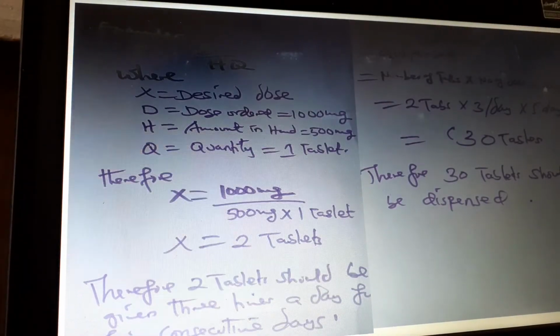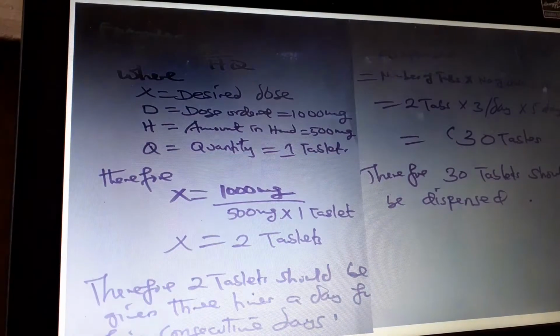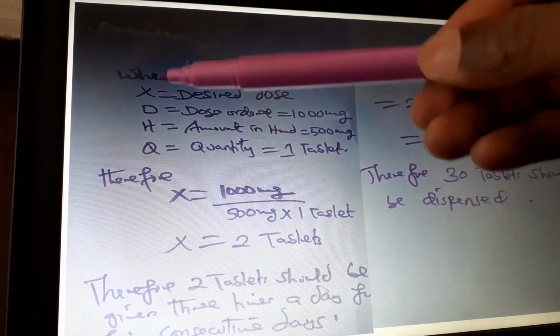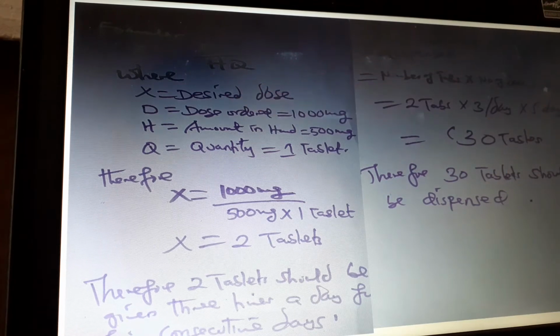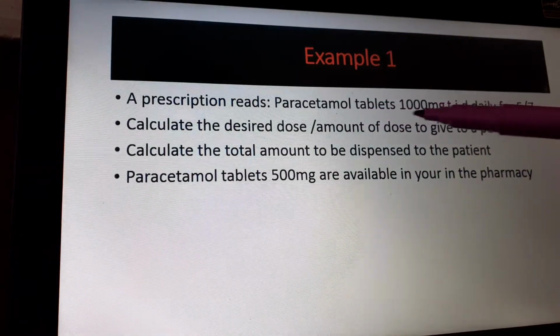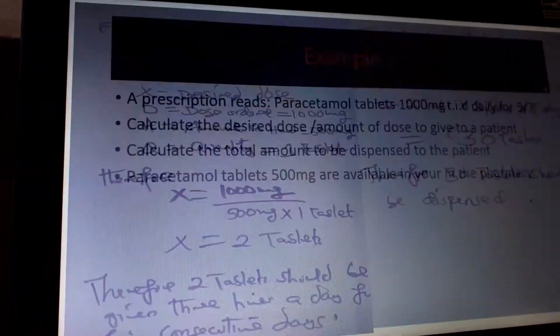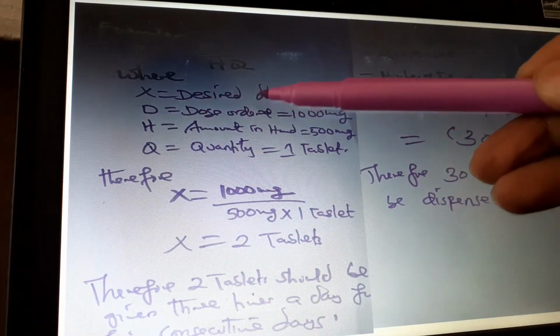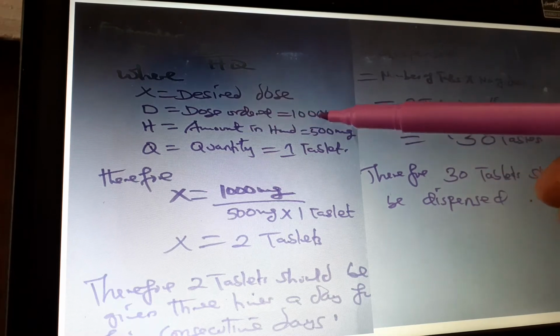So from there, with the same formula, D over HQ, X is the desired dose, the prescribed one. This one, paracetamol tablets, 1000 milligram. The dose ordered will be 1000 milligram.